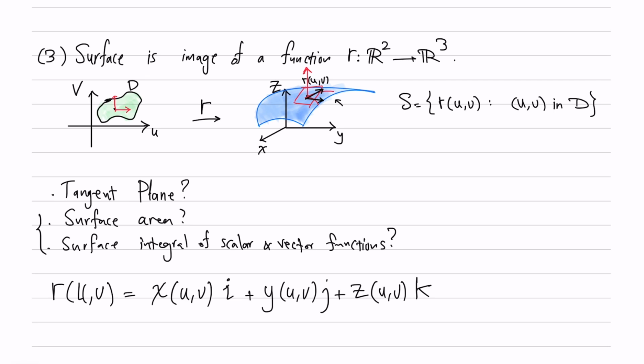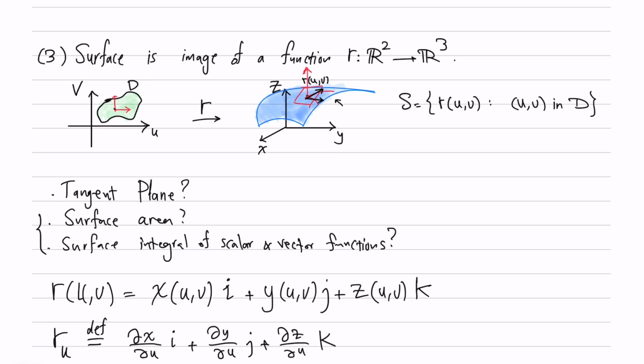If you move along the u direction by 1 unit, that's the partial derivative, then these x, y, and z react to that, and that will be denoted by this notation. R subscript u will be partial of x with respect to u i, and then partial of y with respect to u j, and partial of z with respect to u k.